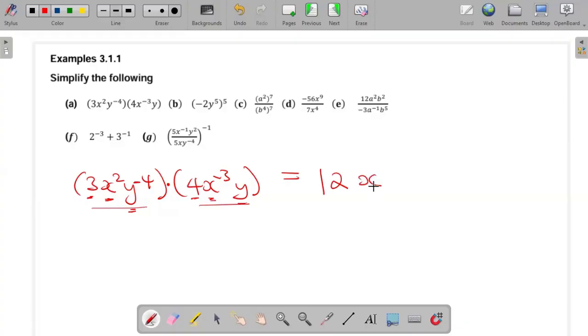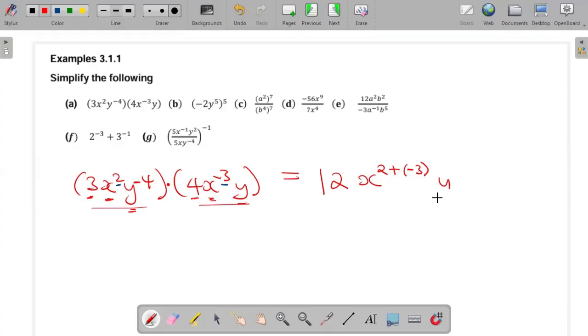For x, if you're multiplying, you keep the base and add the exponents. Here we have a 2, while there we have a negative 3. So we have 2 plus negative 3.